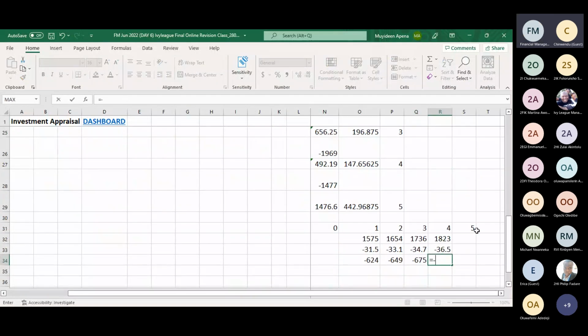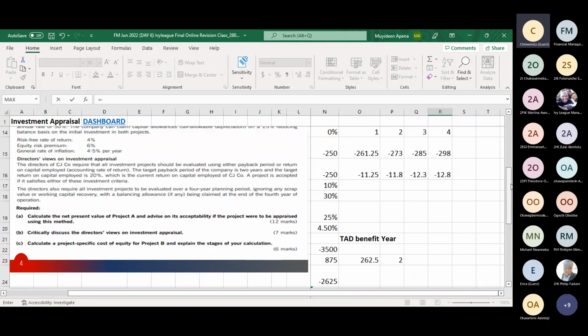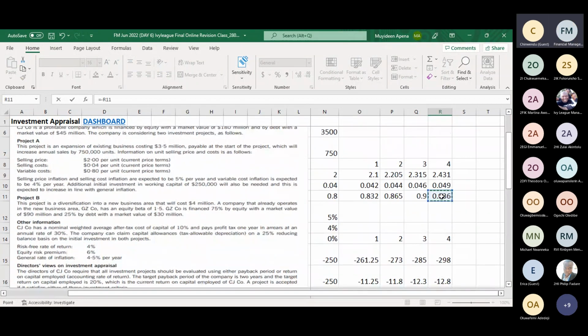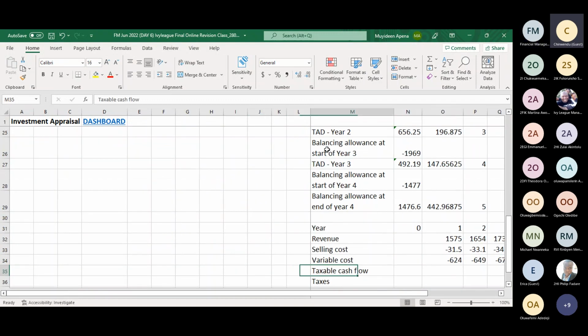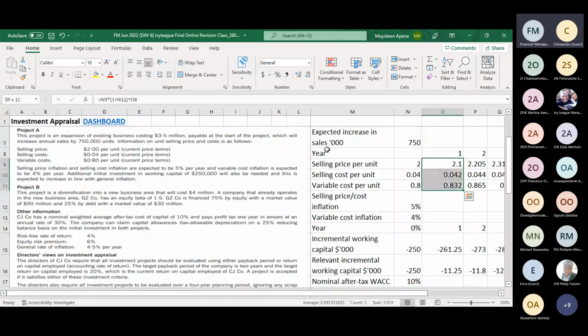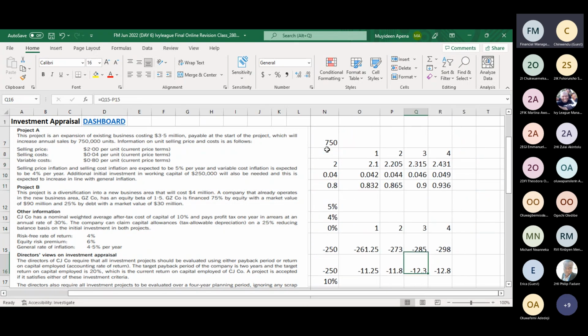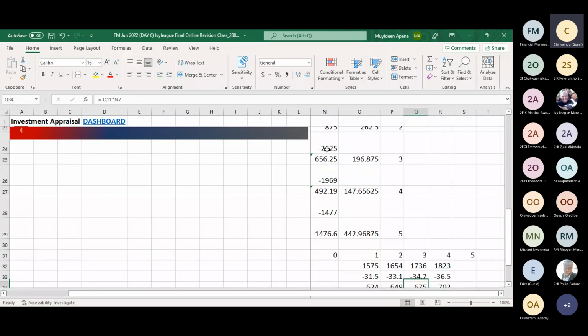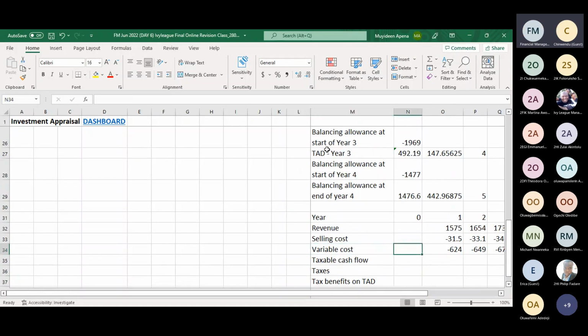And year 4, 0.936 times 750,000. We want to show them in detail. Another student could also do something here by just taking the difference between the revenue and the cost to get a contribution. You can then use that contribution to multiply the units sold for each year. So you could do it that way too. Get used to what works best for you.